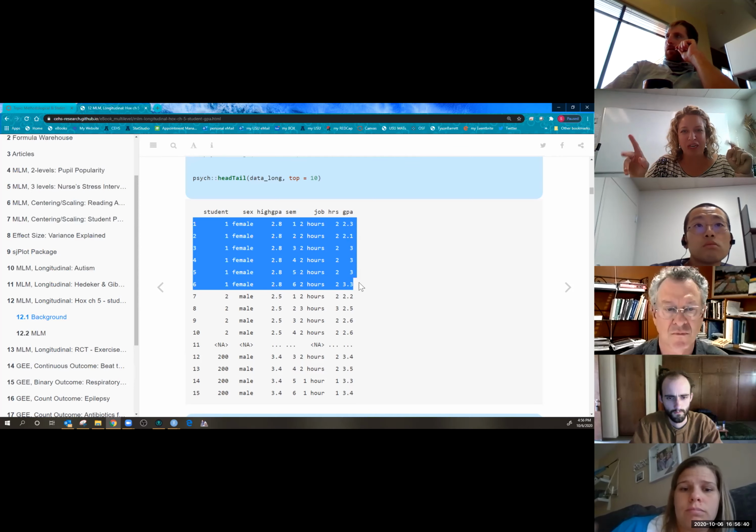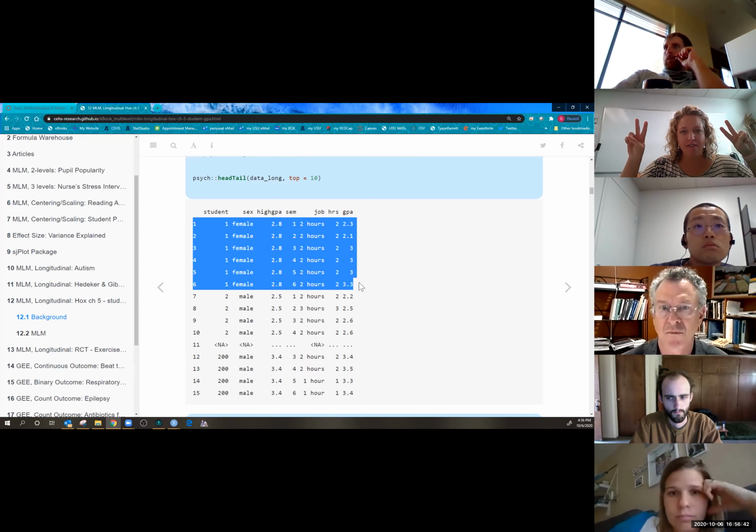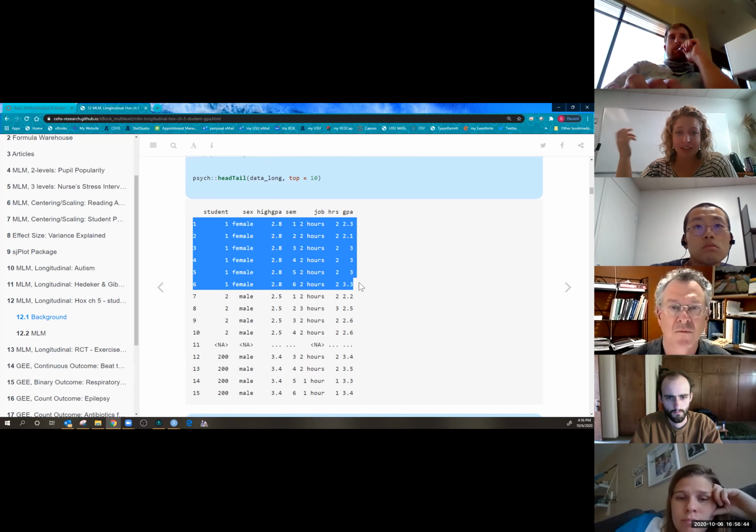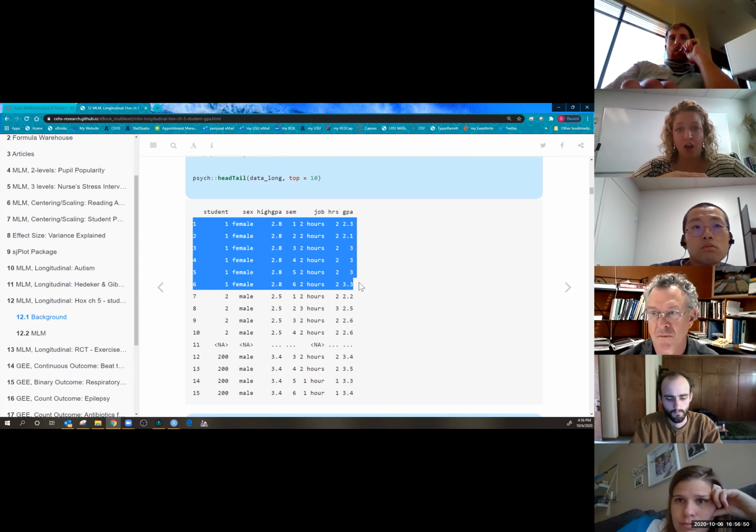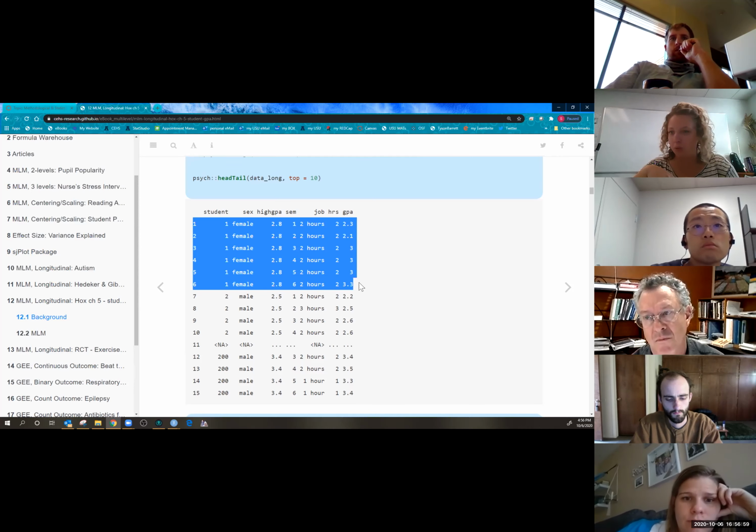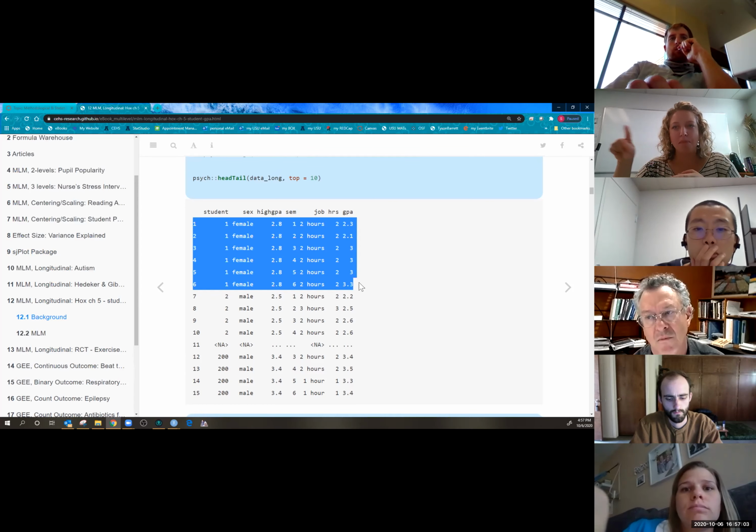This is what we call long format. When we did clustered analysis, we had one line per person because person was level 1. It was our lowest micro, smallest unit, person. When we moved to longitudinal or repeated measures, person is not our lowest level anymore because we have multiple observations per person.